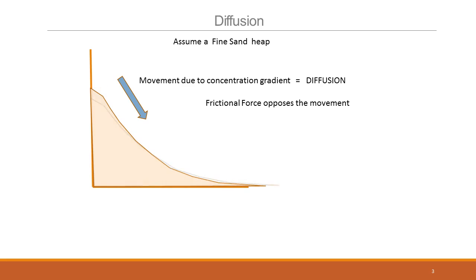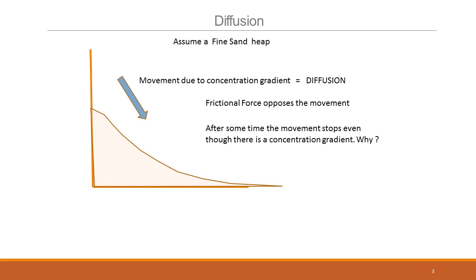You can see that the sand actually goes down slowly, and at some point the movement stops, even though there is a concentration gradient. Why does this happen? This happens when the frictional force is equal to the force created by the concentration gradient.